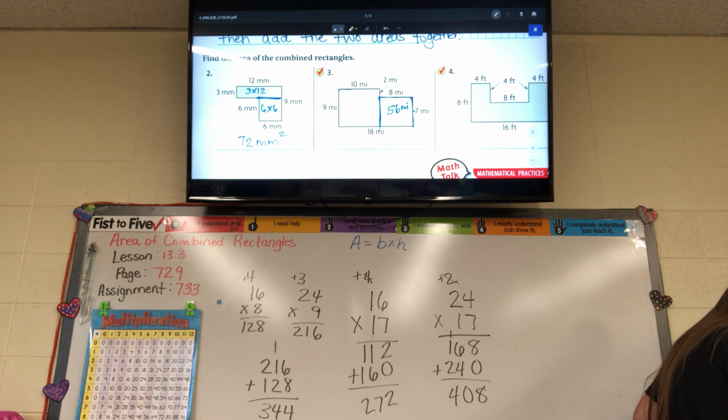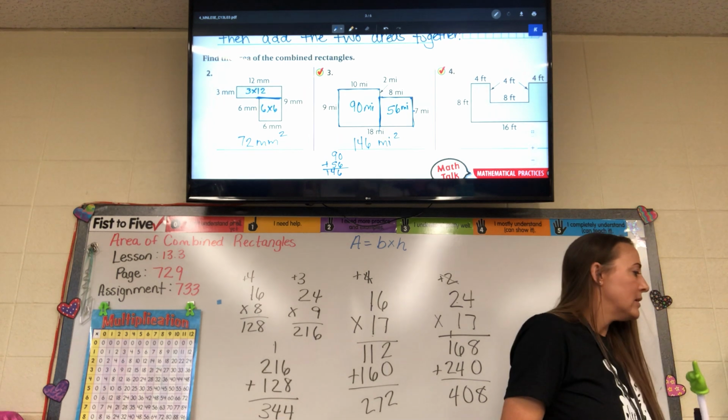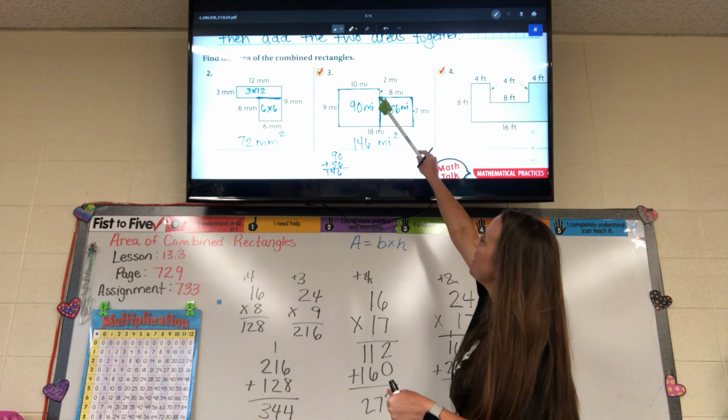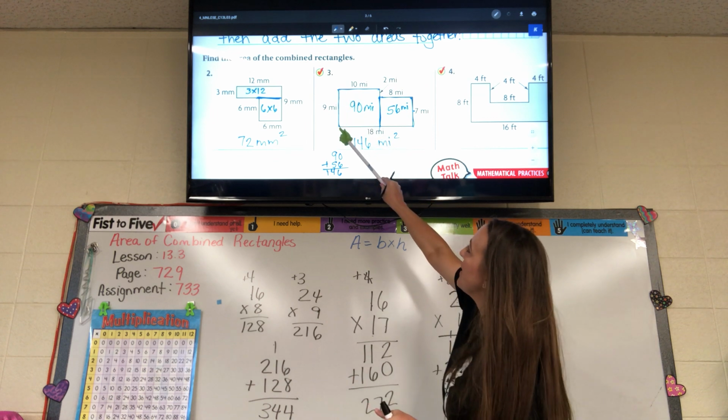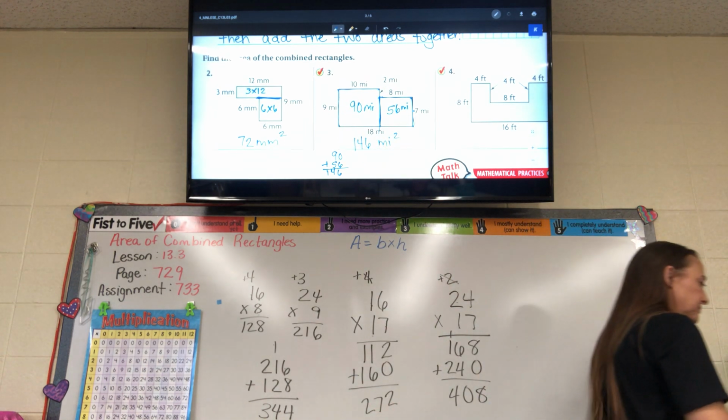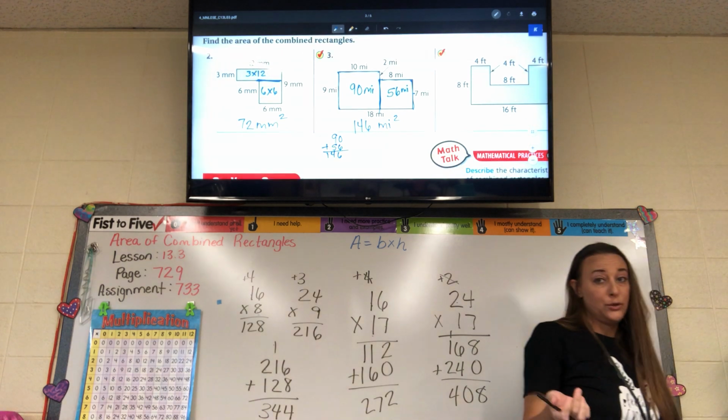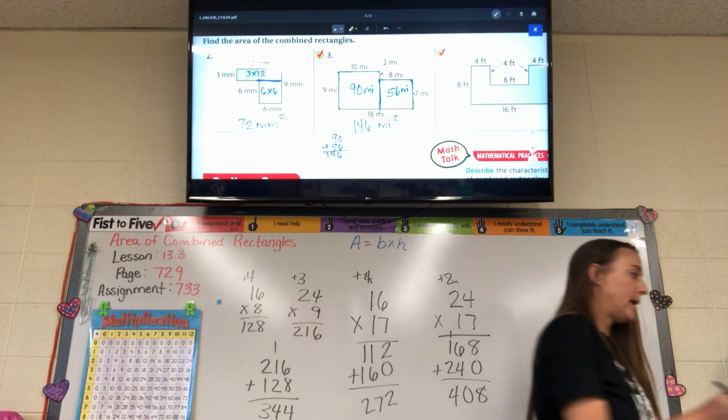And then 10 times 9 for this one will give me 90 miles. And 90 plus 56 will give me 146. So 146 miles squared. Okay? So we didn't even use that little 2, right? Because the 2 is part of the 9 that we used here. Okay. We could have used the 2 if we would have split it a different way.